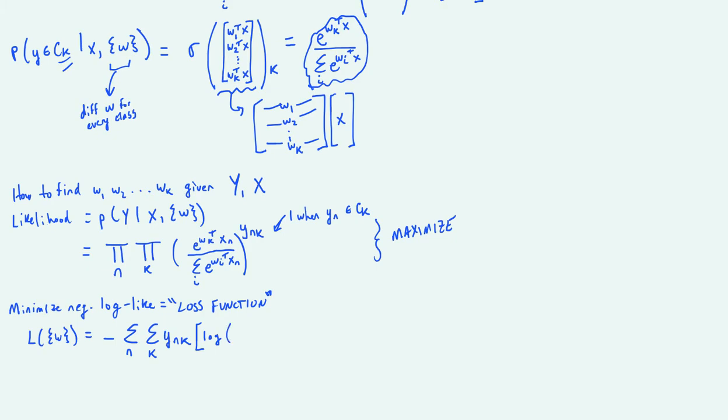So there's quite a bit going on in this one step, and if you want you can break it into multiple steps on your own, but I'm going to write it as log of the numerator minus log of this denominator.